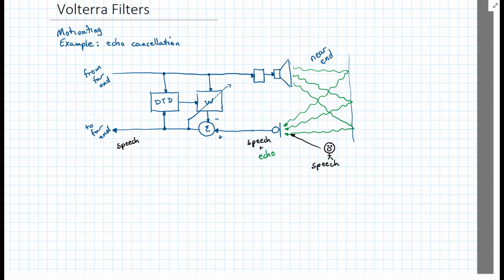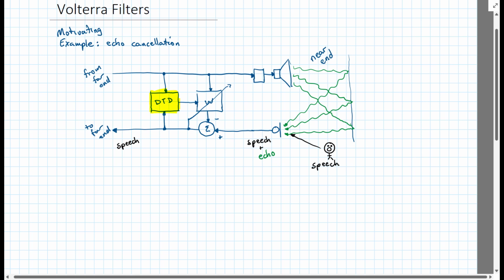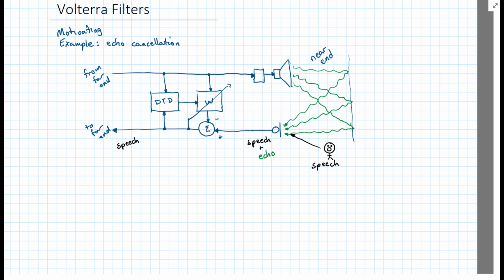And there are some variations on this basic structure, but a key component is this new part, and this is the double talk detector. We have this problem where we need this echo canceller to adapt very quickly in case of changing acoustic situations in a room.